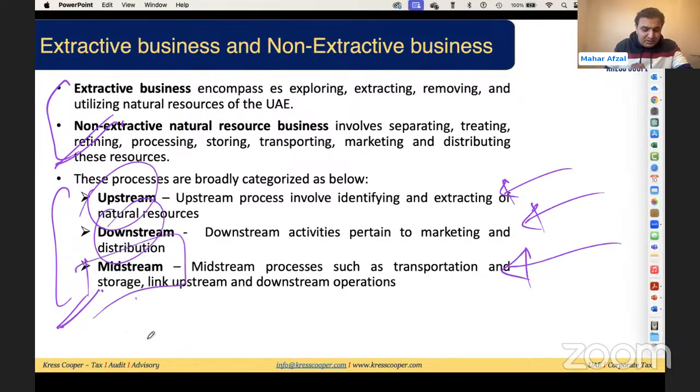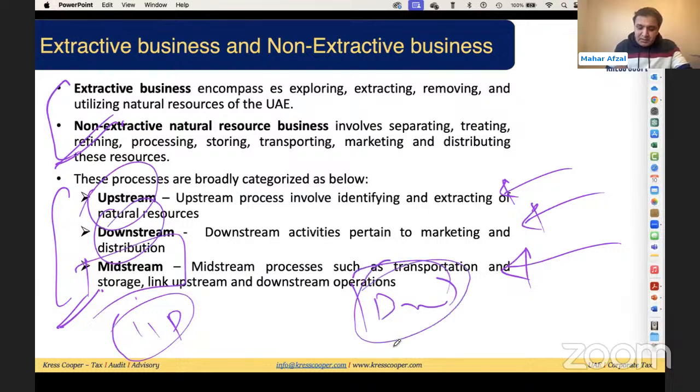So here is the upstream, which is the extraction of natural resources. This is the downstream, which is basically doing marketing, transportation, and selling these resources, distributing the resources to the end user or to different other territories. And the activities in between upstream and downstream, such as storage and transportation, are called midstream activities.